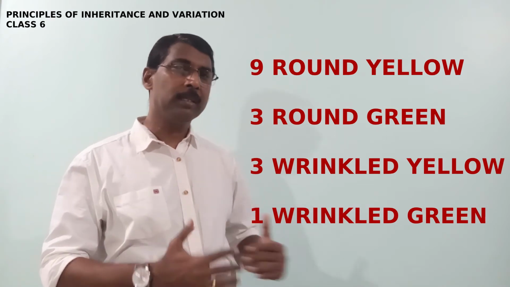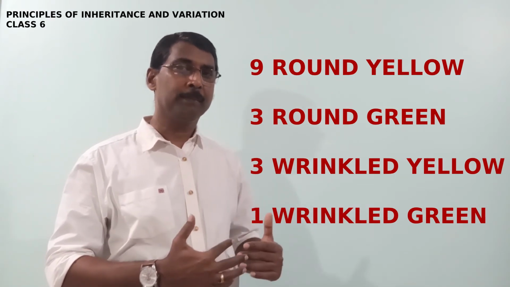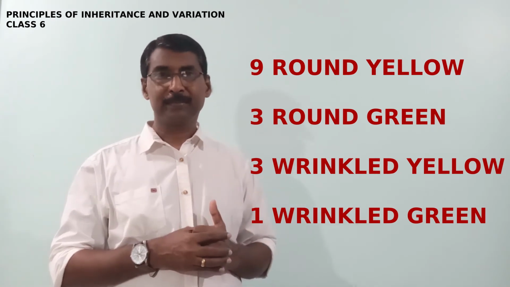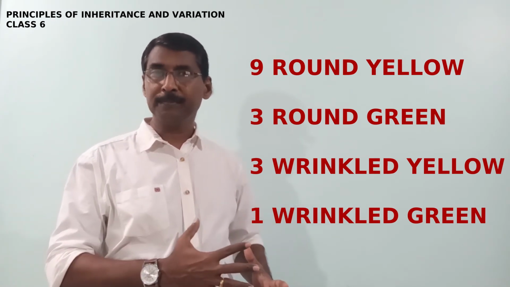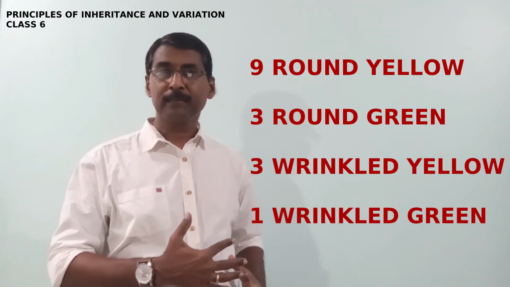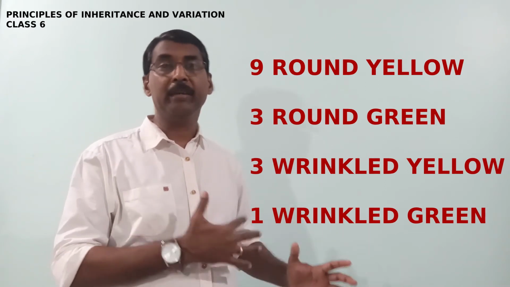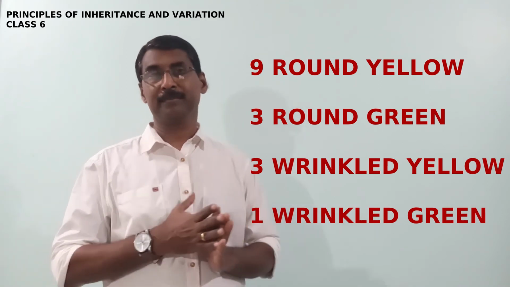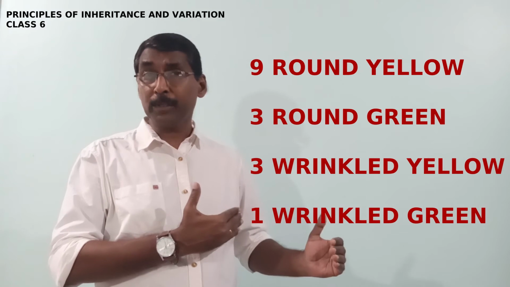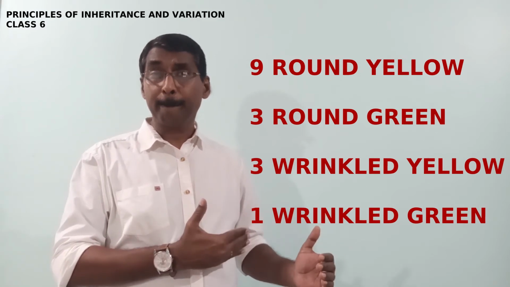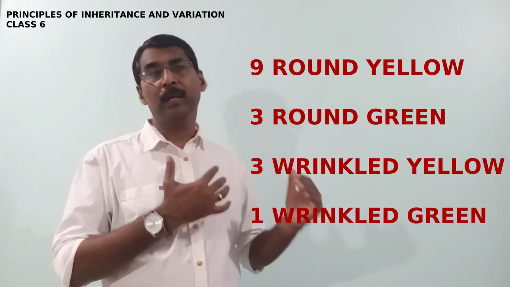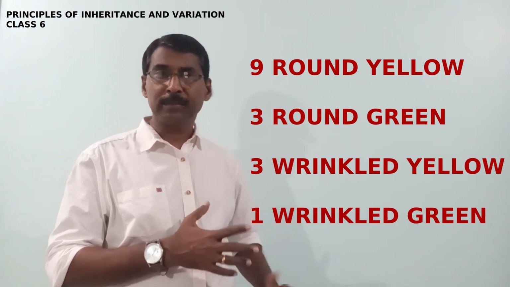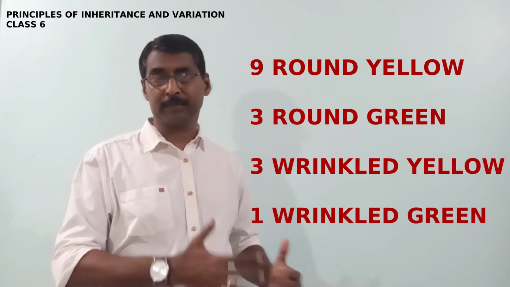But what about the other plants? 3 and 3. 3 part of the total progeny were round green, and the other 3 part of the progeny were wrinkled yellow. This is not like the parents. This is the difference from the parental combination.